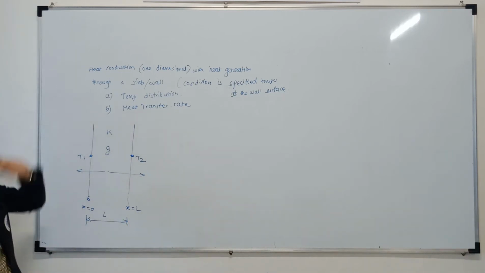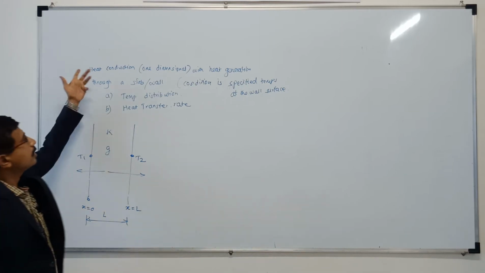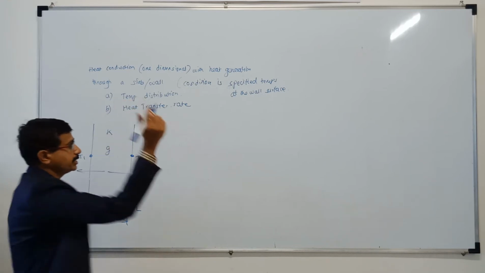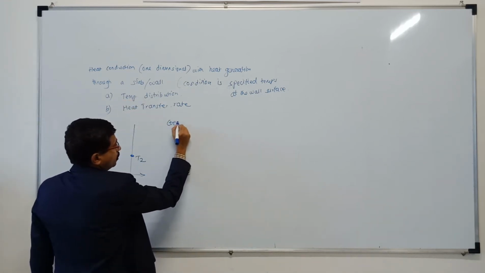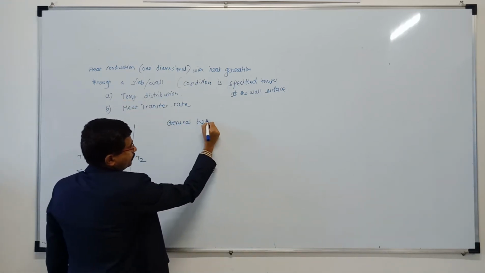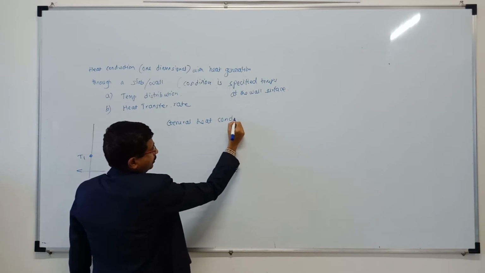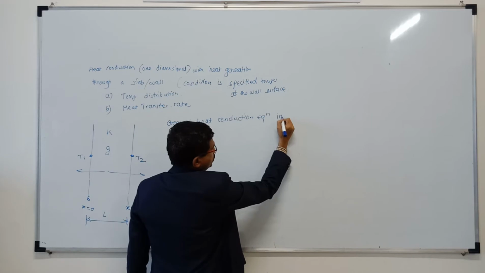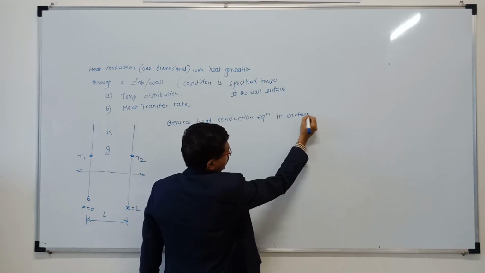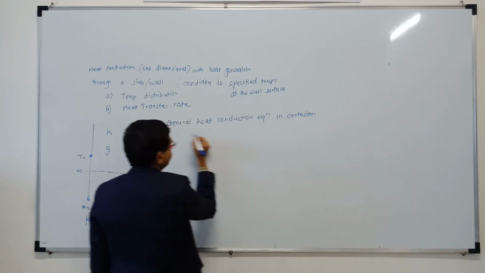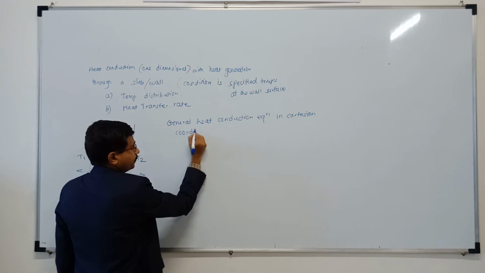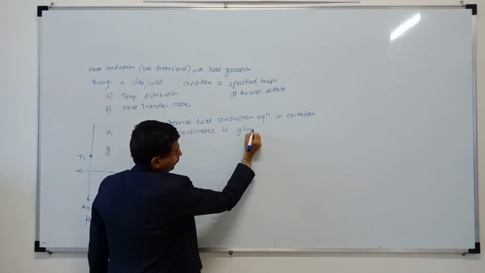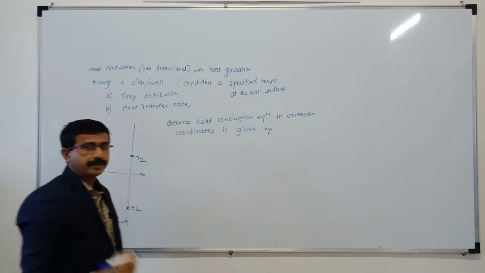Now we are going to derive the equation. And how to get the derivation? We have to start with the general heat conduction equation. So I will start with, what is general heat conduction equation? General heat conduction equation in Cartesian coordinates is given by, anybody?